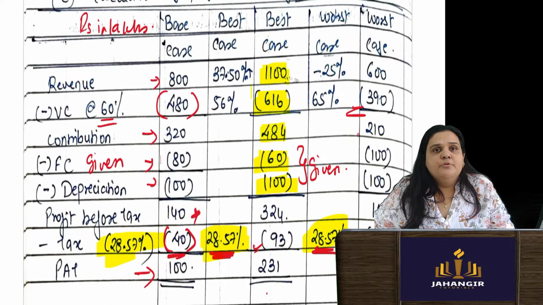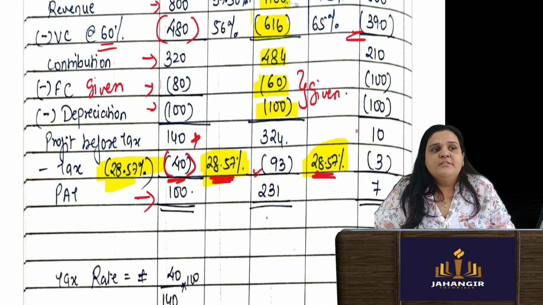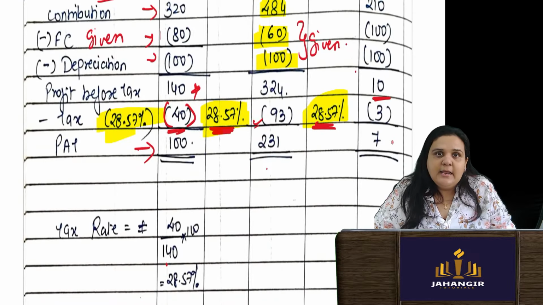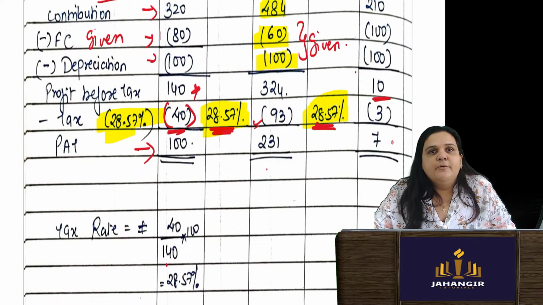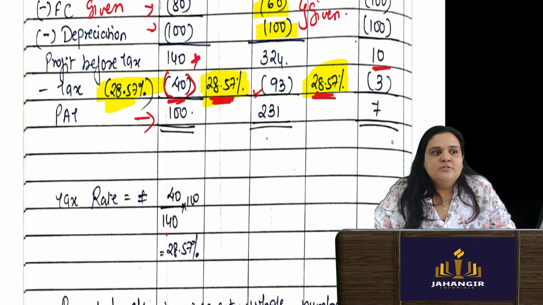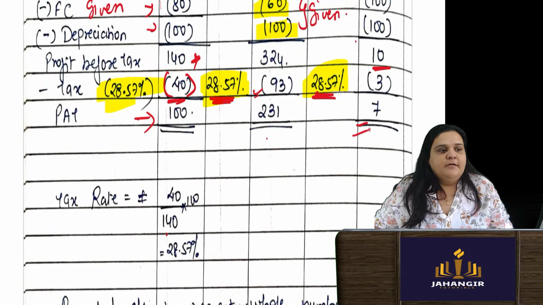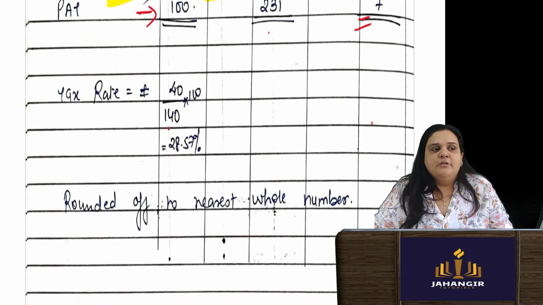My contribution will be 210. Fixed cost and depreciation are again given to me, so my profit is going to be only 10 lakhs. On 10 lakhs, if I put 28.5% as tax, I'm going to get 3. So 7 will be my profit after tax, rounded off to the nearest whole number.